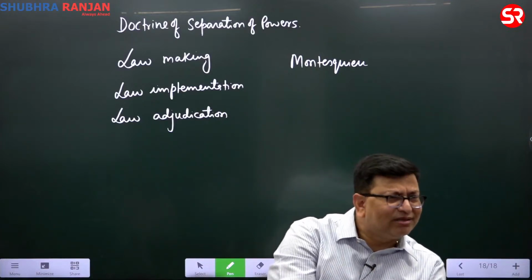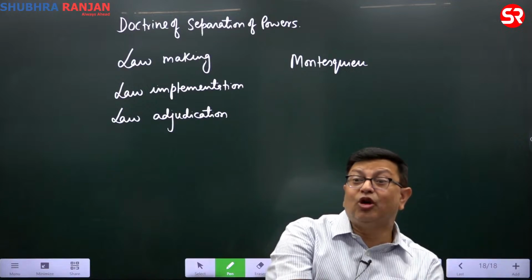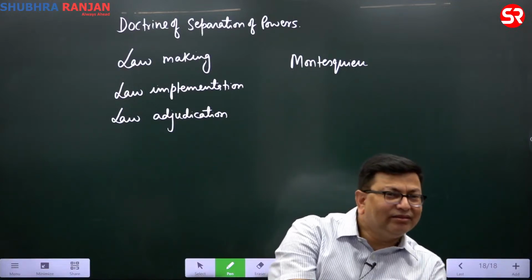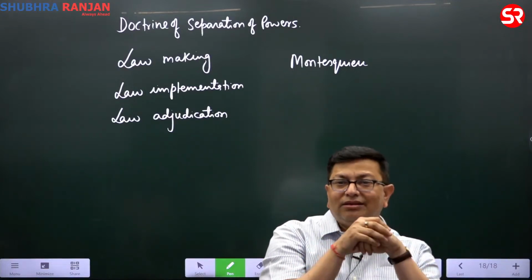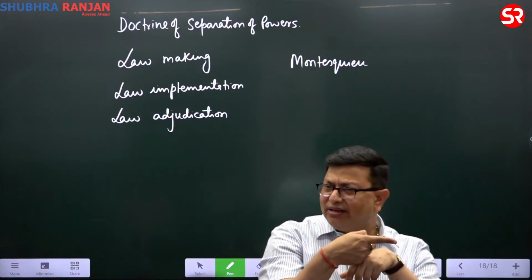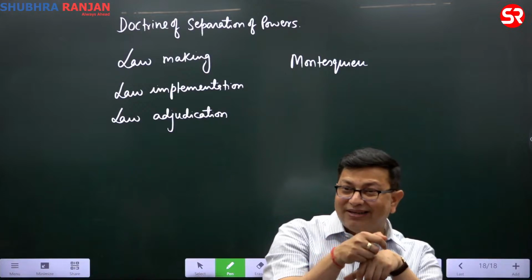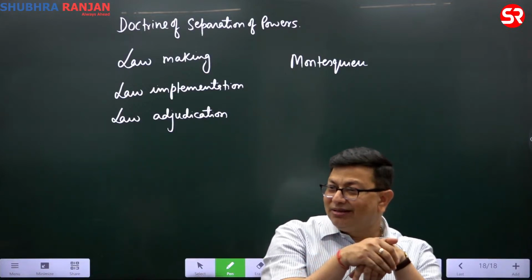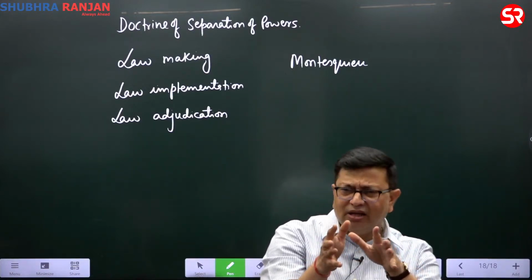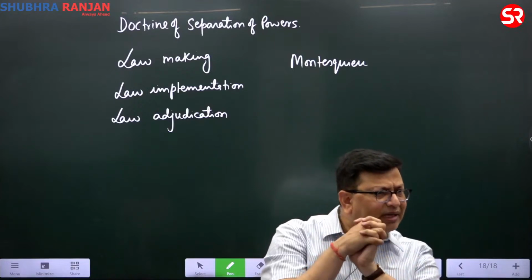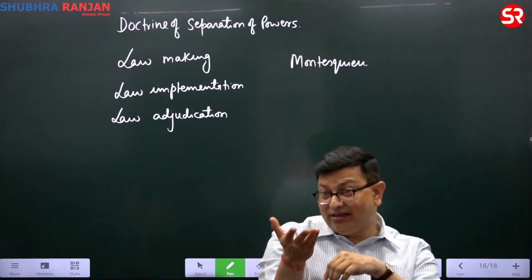The Council of Ministers. Then the draft of the bill is prepared by the ministry. And then who presents the bill? The ministers. Generally, the private members can also present the bill, but generally it is the ministers.